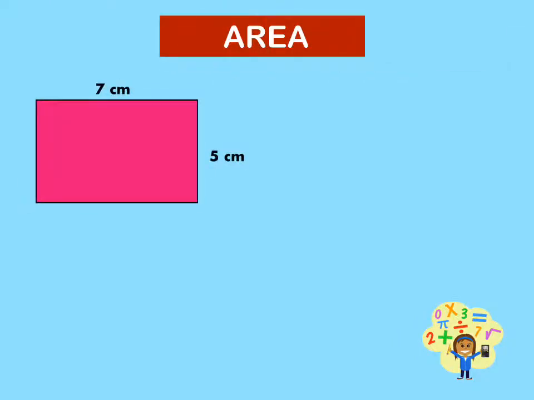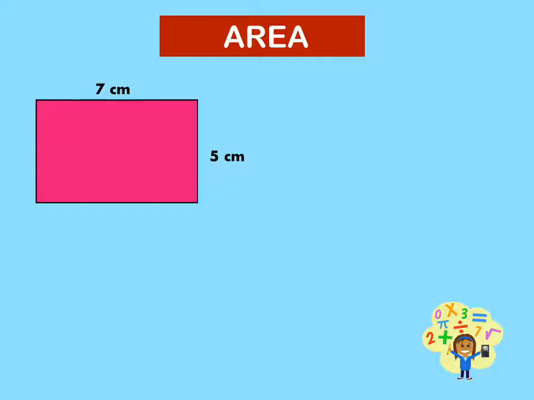Now, it's your turn. What is the area of the given rectangle? I will give you 20 seconds to answer. To get the area of the given rectangle, we multiply the length by its breadth. The length is the longer side in the given rectangle, which is 7 centimeters.